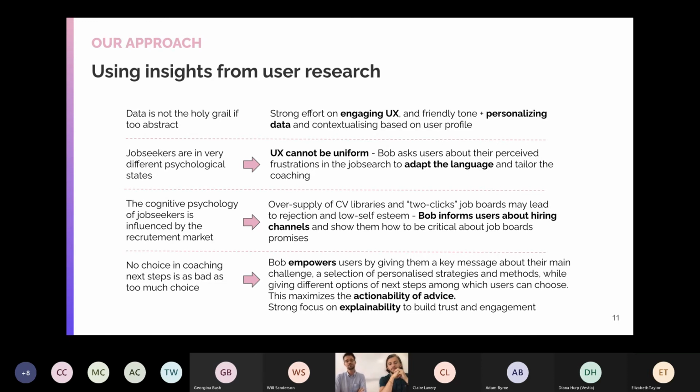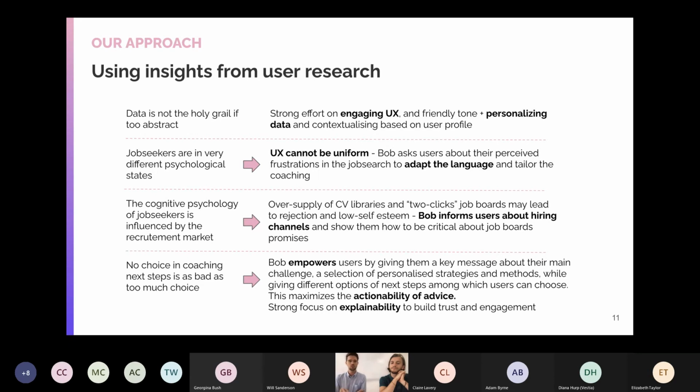And lastly, and this is key for Bob, there's a very fine line between giving no choice in the coaching you provide, in the next steps you suggest, or too much choice. So basically, Bob really was designed to empower users by not prescribing specific next steps, but giving a key message about what's a user's main challenge, a selection of strategies, and at the same time, not just leaving the users there with a diagnostic of their situation and not helping them to act on it.